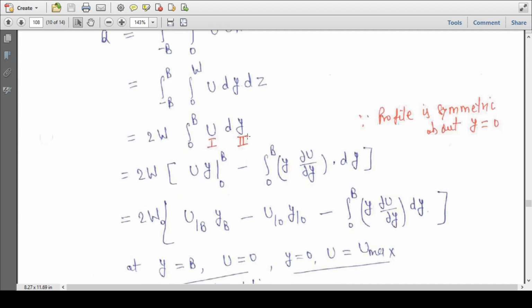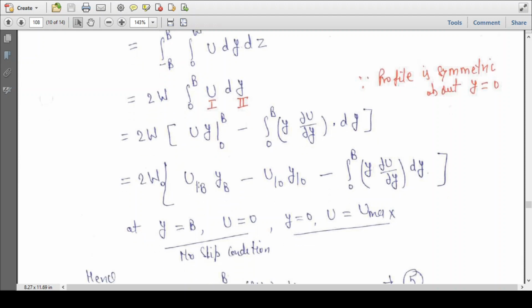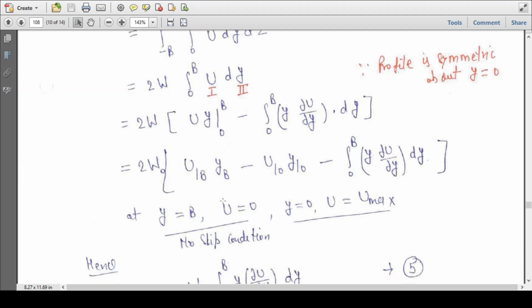In this case we are considering u as the first function and dy as the second function. Using integration by parts, you have the term u y from 0 to b as the limit, and the second part is the integral from 0 to b of y del u upon del y dy. Substituting the limits, we get u at b multiplied by b minus u at 0 multiplied by 0, and then minus the second term, the integral from 0 to b of y del u upon del y dy.